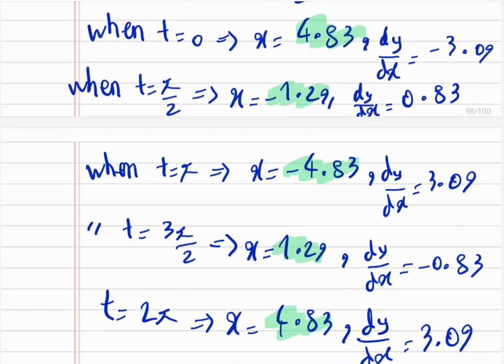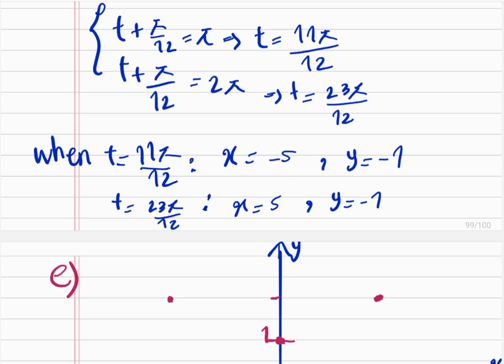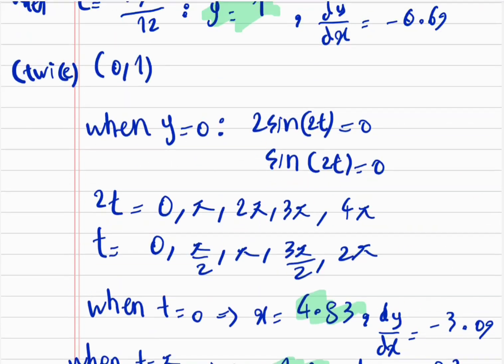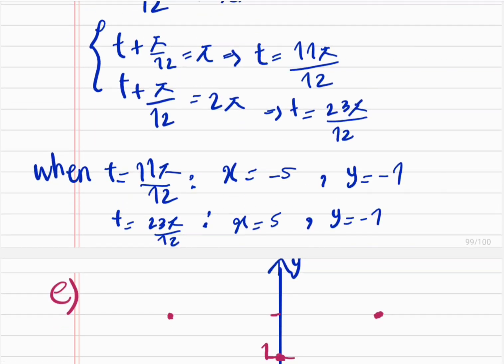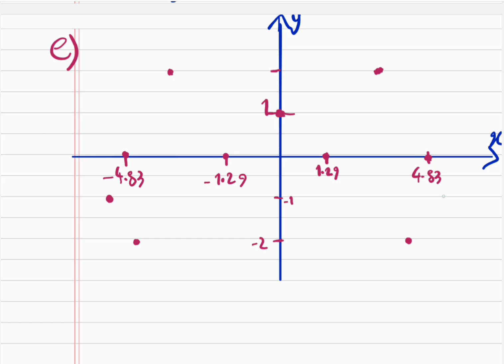In part D we had two coordinates. One was -5, -1, so here is -1, and it's here, very close. And the other one, which is the last one, is 5 and -1 this time, so that one is here.